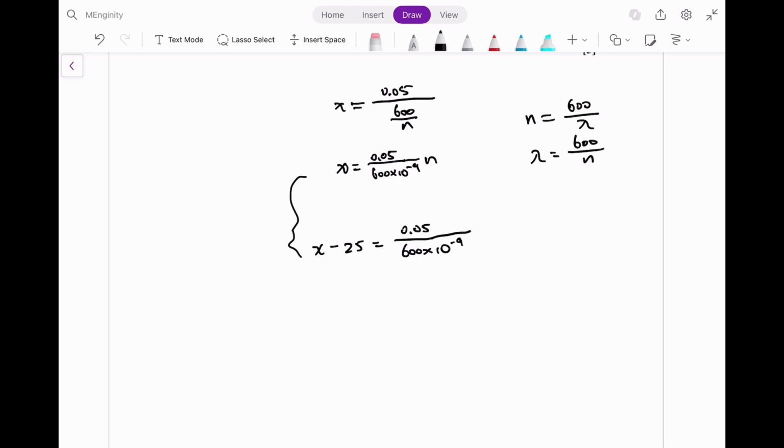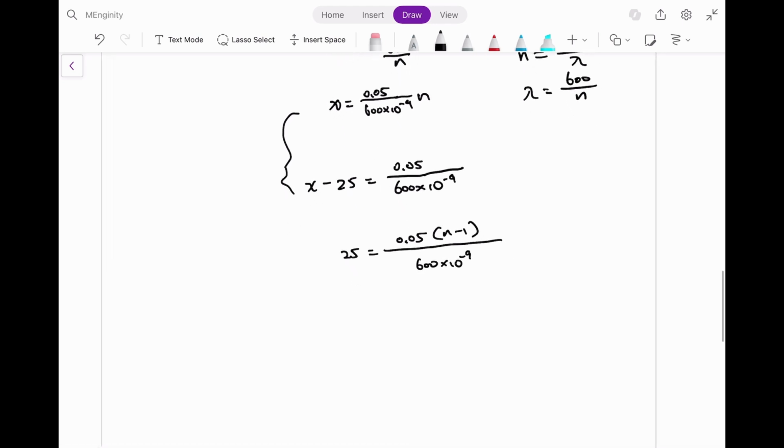So if we subtract the two equations, the second one from the first one, that will be 25 is equal to, this is the denominator, and over on the top we have 0.05 times n minus 1.